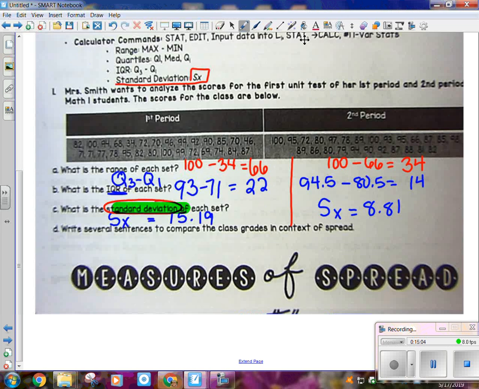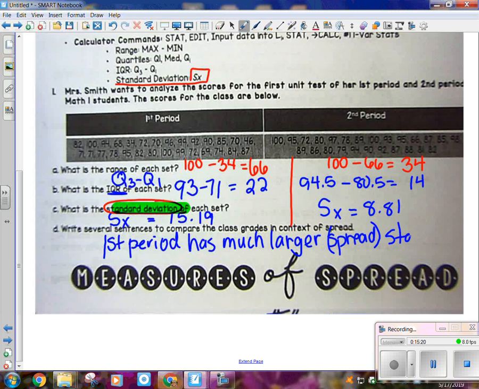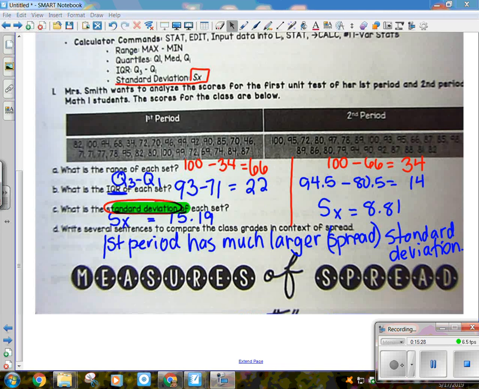In context of spread, first period has a much larger what? Spread. And what is the correct term for spread of the data? Standard deviation. Okay. All right, so first period has a much larger spread.